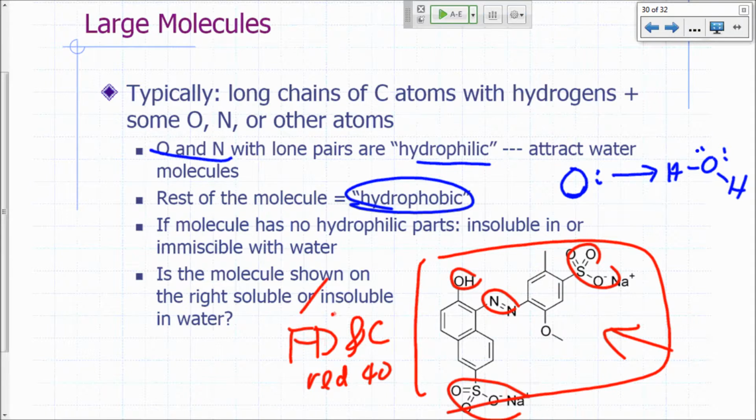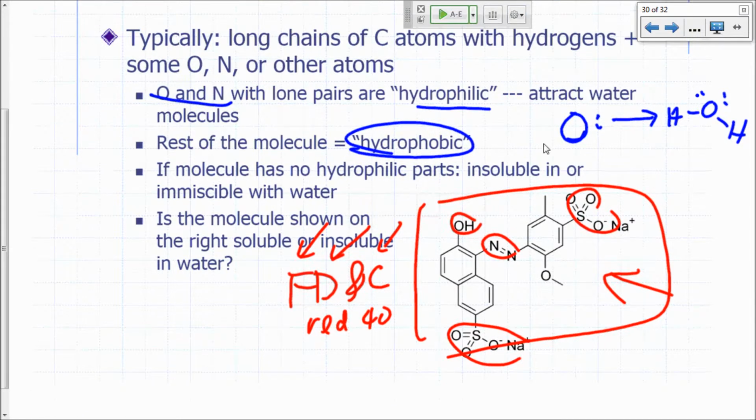FD&C means food, drug, and cosmetics. It's an approved dye, red 40. Kool-Aid, all those red-colored products that you've ingested, chances are they have FD&C red 40.